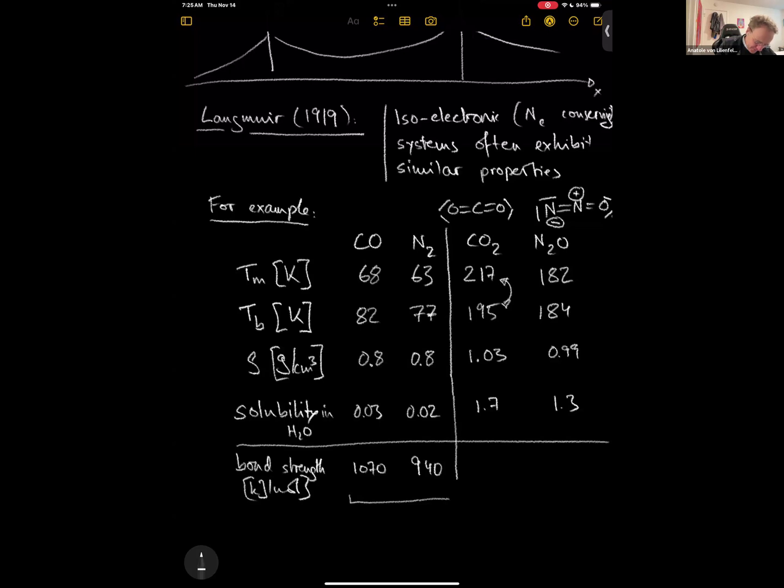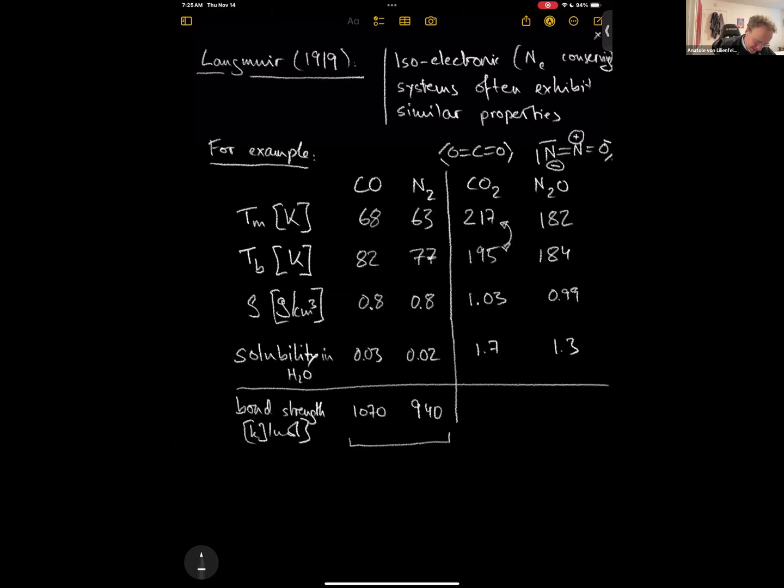If you compare this, though, to another isoelectronic species, such as BF, this is in a series where you have N2, CO, and then BF. These are all isoelectronic, right? So your nuclear charge here is 7,7, 6,8, and 5,9.